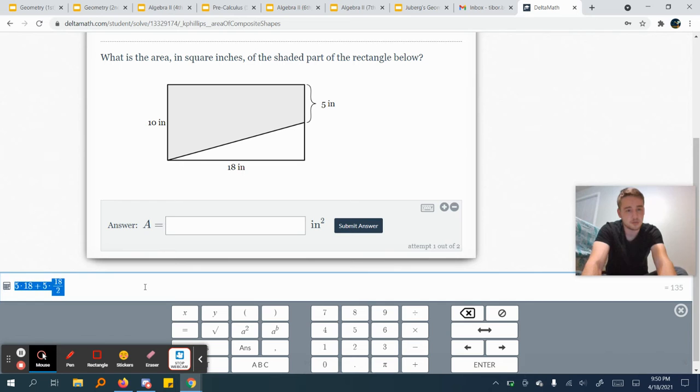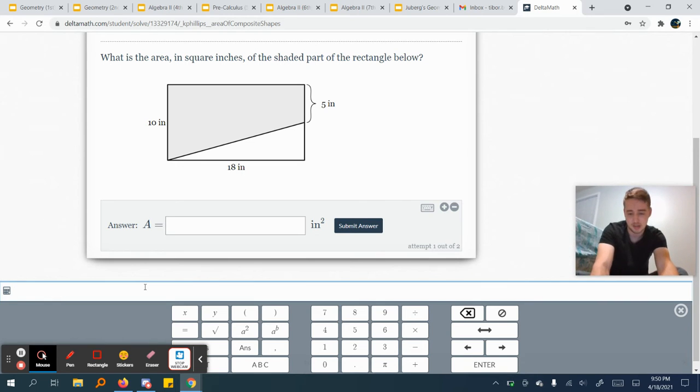You said that we could do it by subtracting a triangle. So that's what we're going to do. We're going to pretend this whole rectangle is our initial shape. 10 times 18, 180. Now, you could all agree that if we took away the 5 from the shaded portion, from the 10 for the entire side length, we're going to get 5 left over because 10 minus 5 is 5.